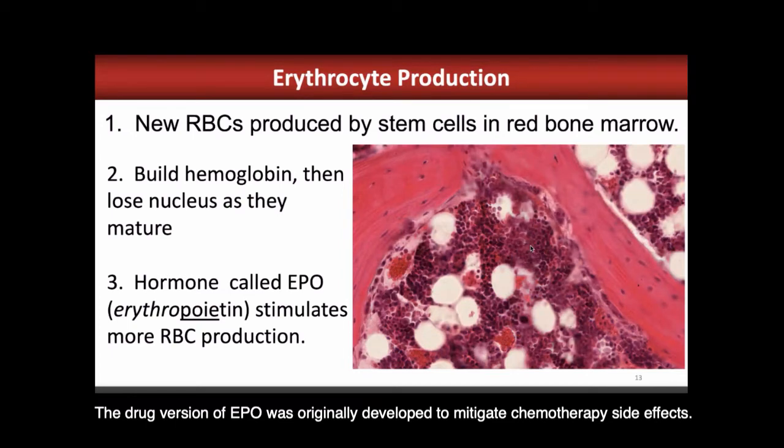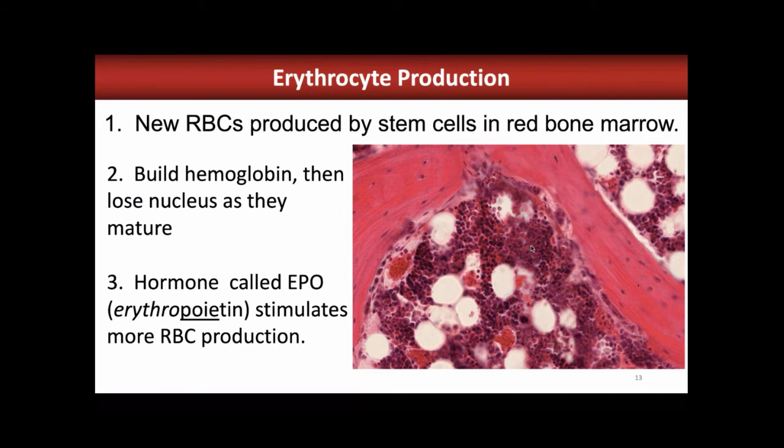It's a favorite for blood doping by endurance athletes because the more red blood cells you have, the more oxygen you can carry. Unfortunately, it also makes your blood a lot thicker, a lot more viscous, if you have a lot more red blood cells.